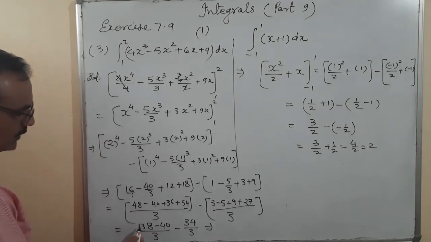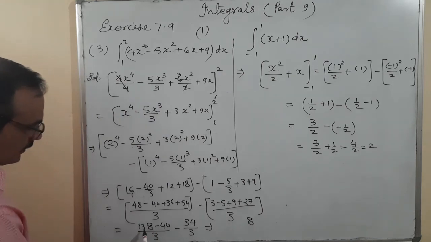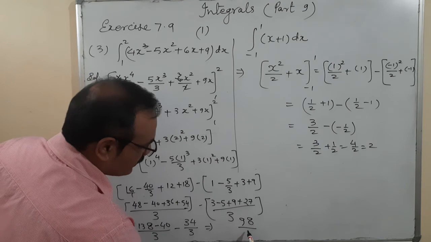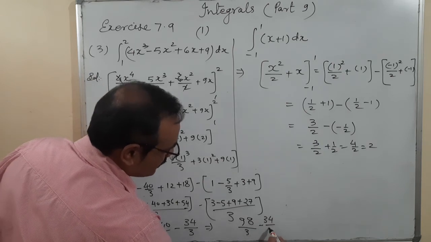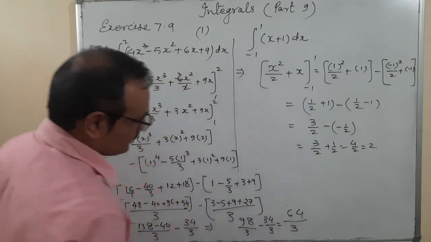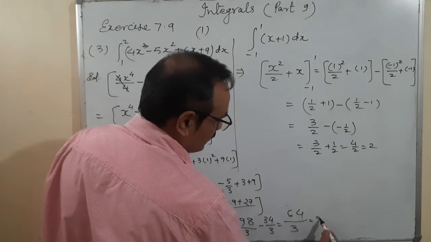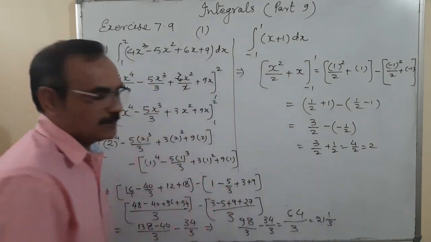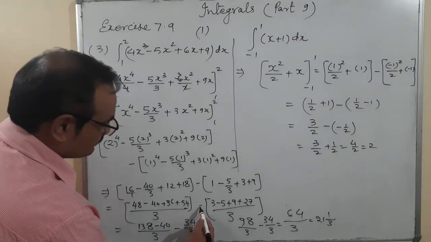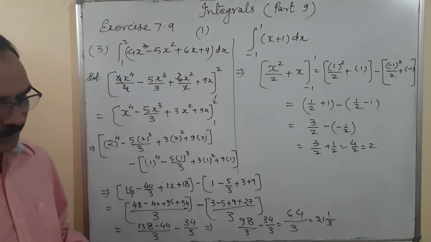So finally it is coming 138 minus 40, it is 98 upon 3 minus 34 upon 3. So the final result is 64 upon 3, which is 21 whole 1 by 3. Okay, 64 upon 3. So that is the solution of question number 3.